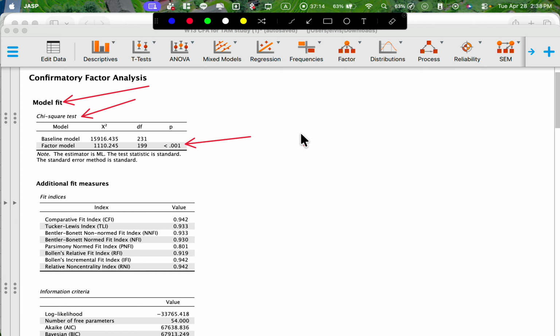Okay. So how to interpret the chi-square test? The p-value of chi-square is less than 5%. So how do you describe the meaning in your report?